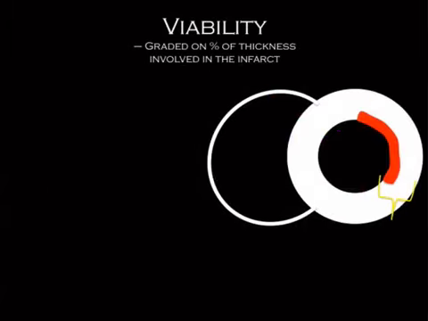So let's talk about why that is. The wave of infarction occurs from subendocardial to transmural in that direction as it gets progressively worse. And viability is actually graded based on the degree, or the percentage, of muscle involved.